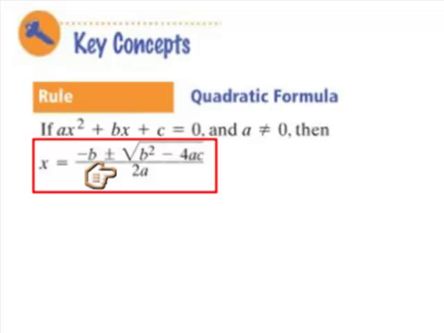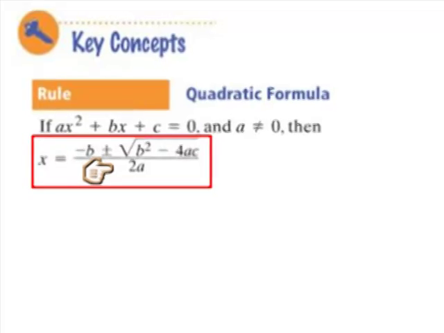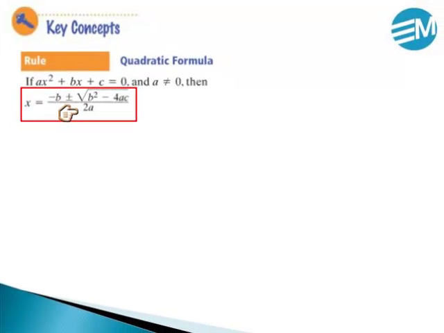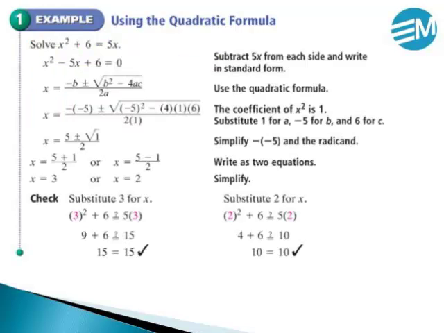So we can solve questions based on this. You just need to know how to solve a quadratic equation using this formula. For example, if you want to find the answer to the quadratic equation x squared plus 6 equals 5x, then we take this 5x to the other side and it gets subtracted.